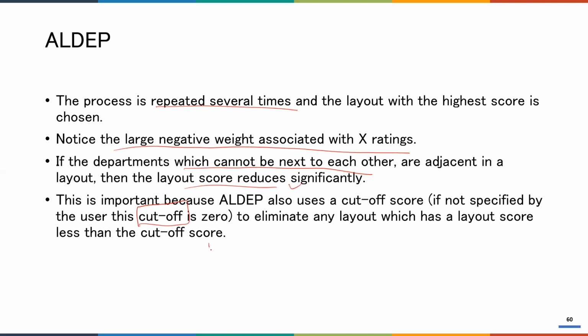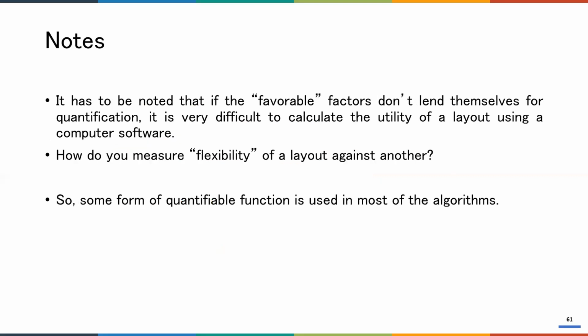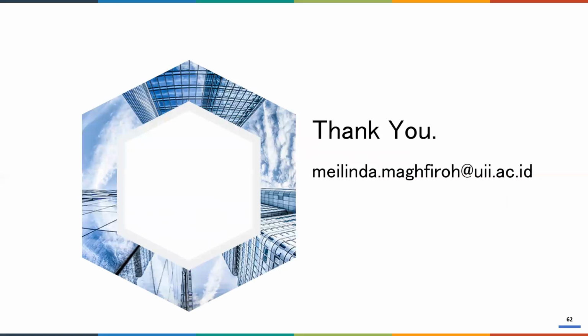From there we can cut off and eliminate layouts that have a value less than the cutoff score. The decision maker usually chooses the cutoff score. Okay, actually that's all for today.